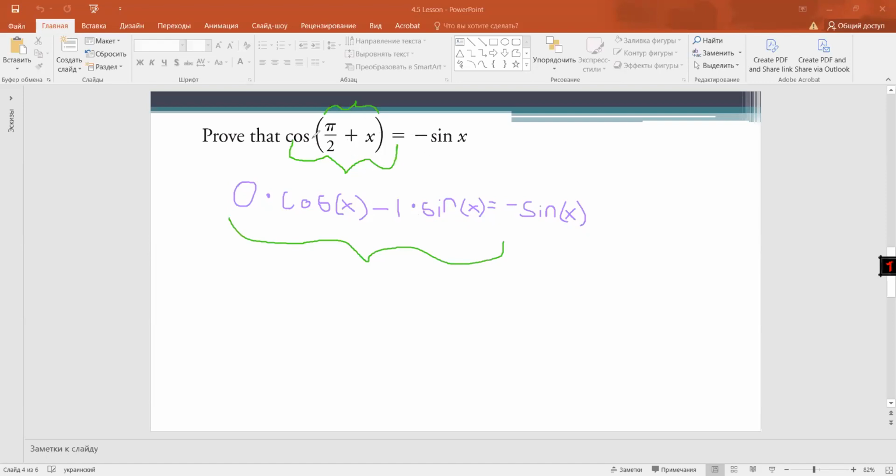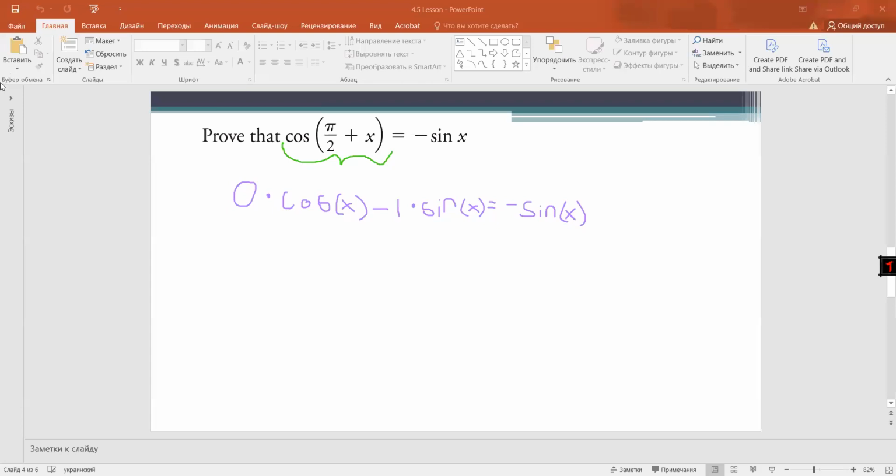Safa? If I'm right, then you have to understand that what's inside the brackets cannot be multiplied by x, because cosine is a function that depends on what's in the brackets. It's not an operator. We cannot multiply by it. It's not a coefficient. So what you have to do here is use the addition and subtraction formulas for cosine.